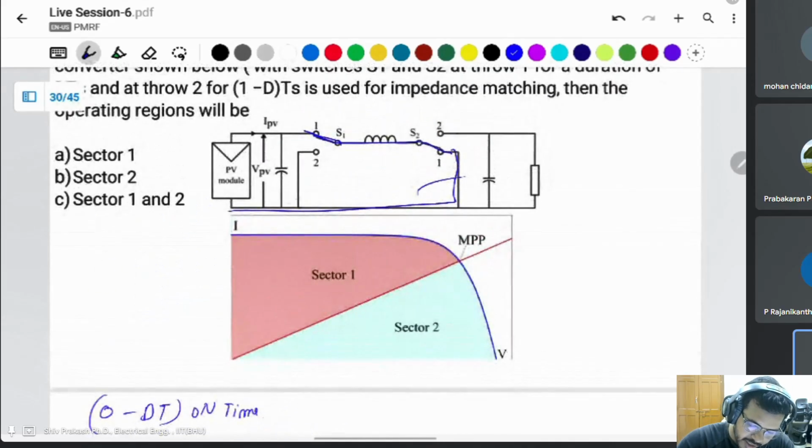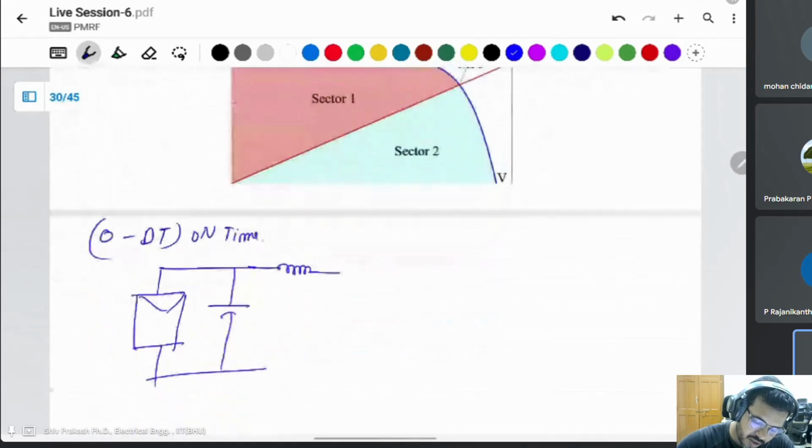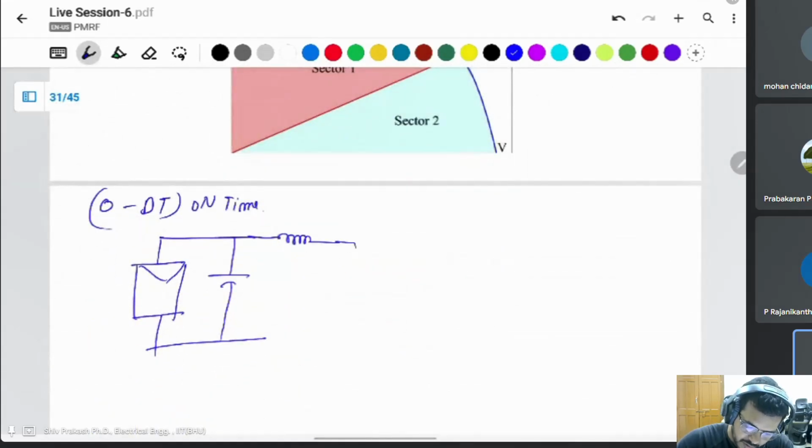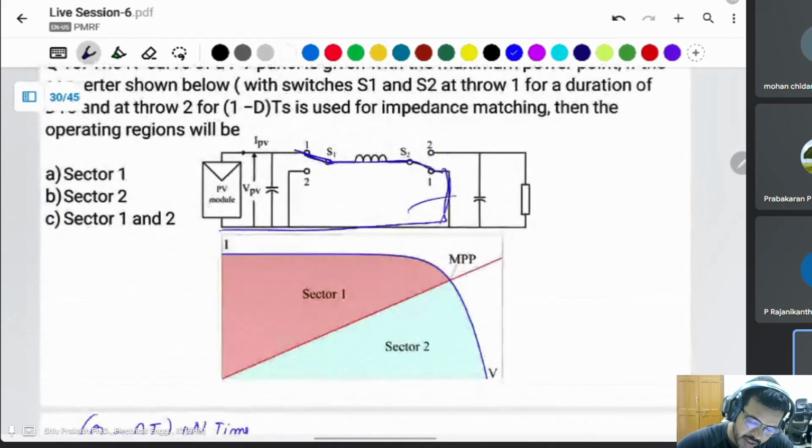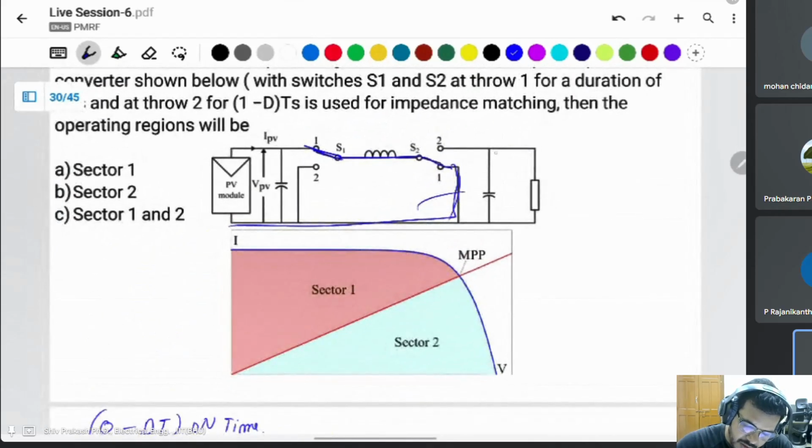This inductor is connected, then this is shorted through the ground. Another thing is this circuit only.